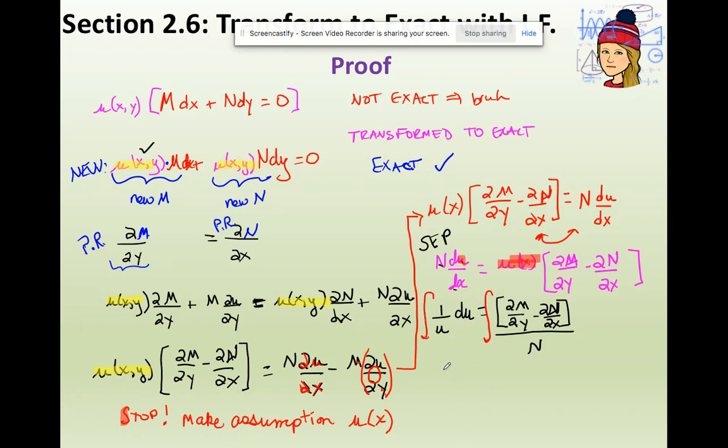And what happens over here? And I'm going to drop the absolute value because I'm going to end up with e to the, right?